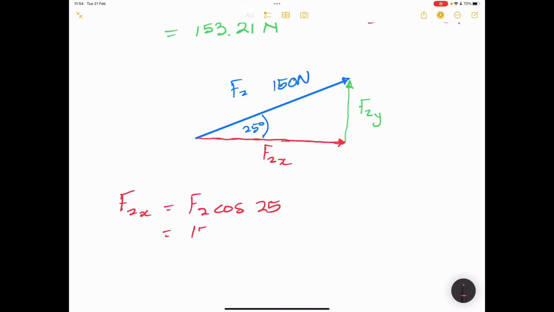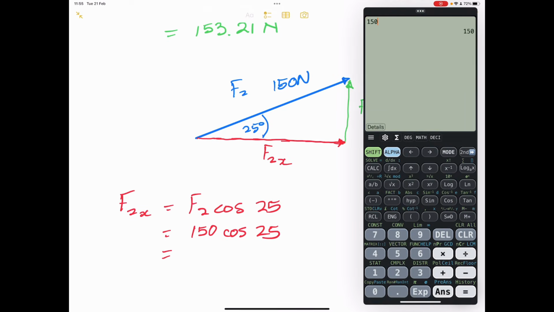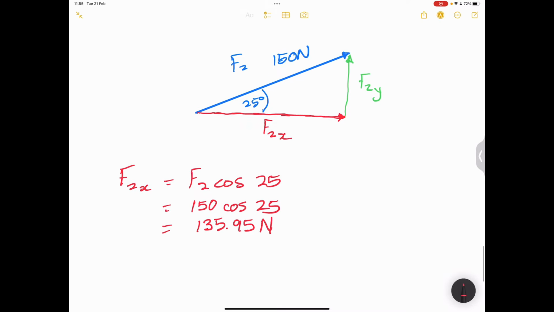So that's going to be 150 cos of 25, and that gives us 135.95 newtons.